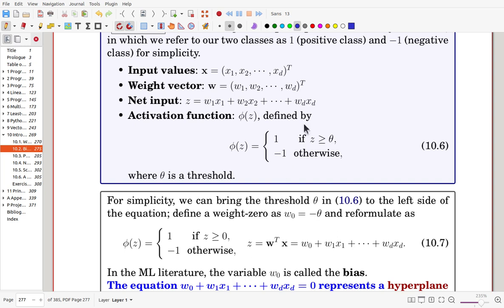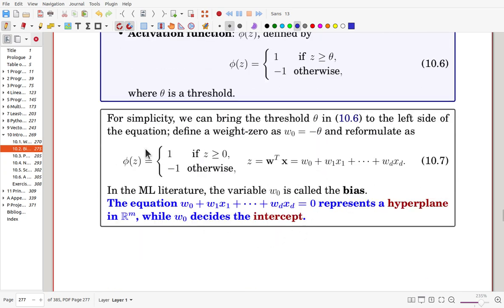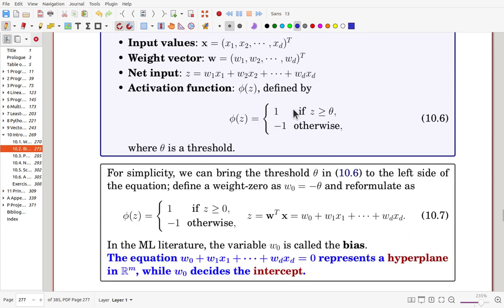Now, for simplicity, rather than this theta value, we may move theta to the left-hand side, and define Z in this way, so that sometimes we write it in this form.